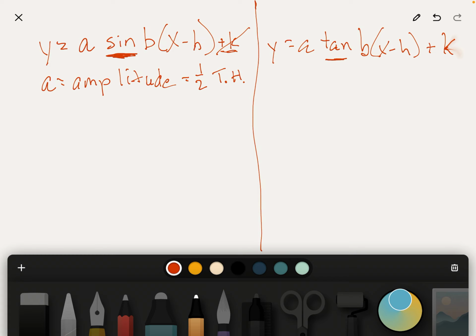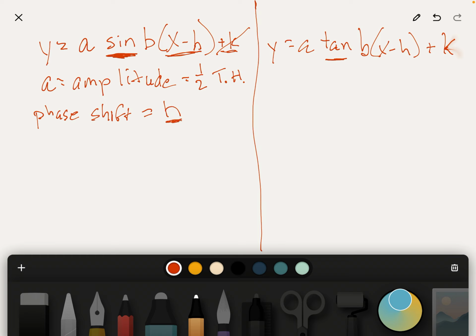But the phase shift, let's talk about the phase shift. The phase shift simply equals h. So if you see an equation written this way, x minus h, there's a positive phase shift, and the magnitude is h.